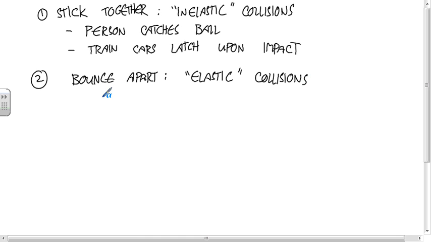Mathematically, these are going to be the more difficult ones. It's just messier, really. It's not conceptually more difficult. Examples here are like pool balls colliding.